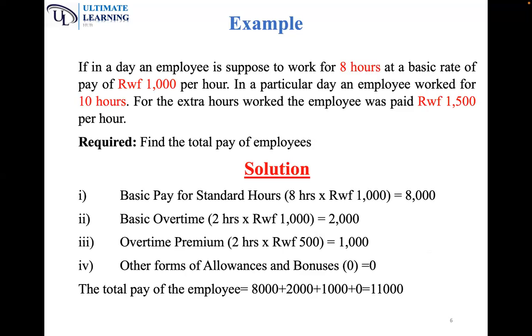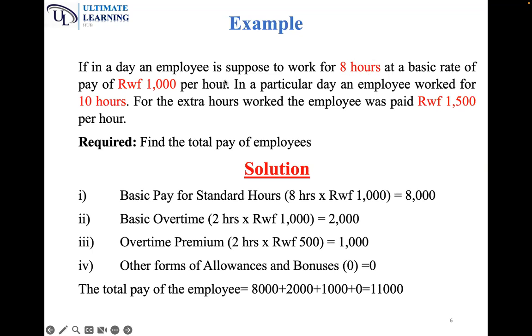Now, let's look at a short example to help us explain the analysis of pay. An employee in a day is supposed to work 8 hours, from 8 to 4 p.m. That is 8 hours at a basic rate of 1,000 per hour.